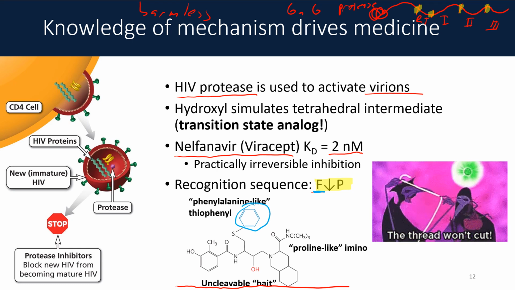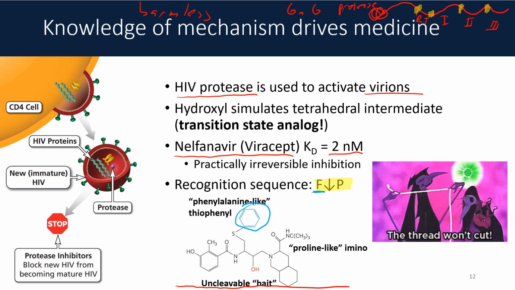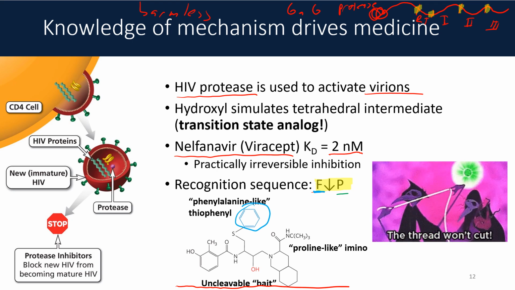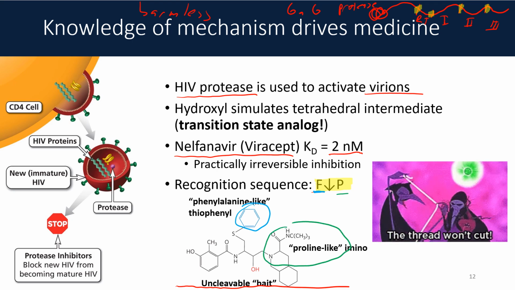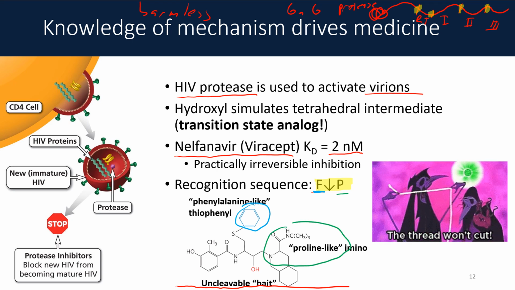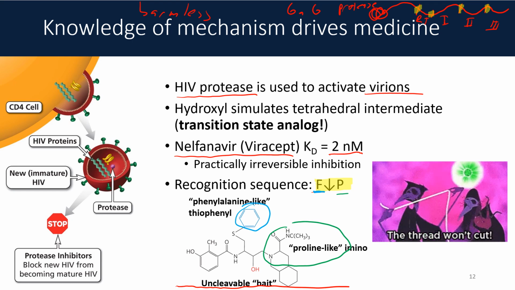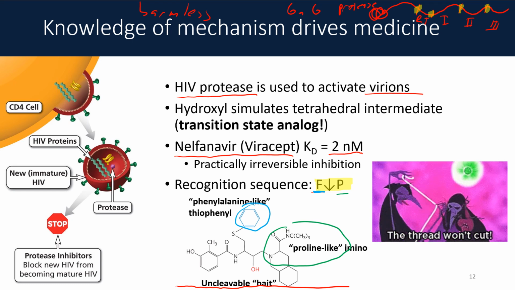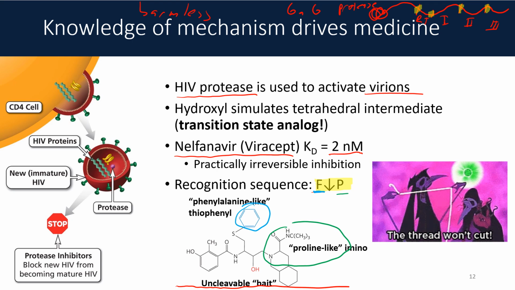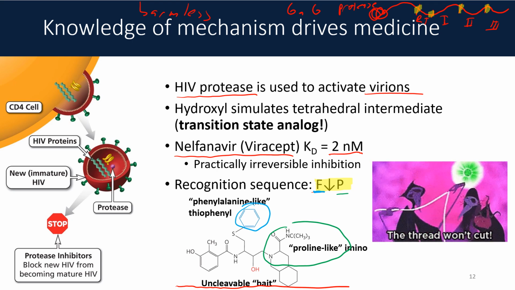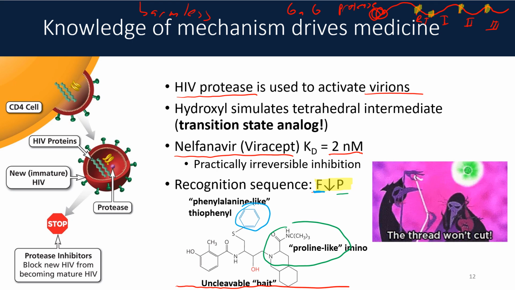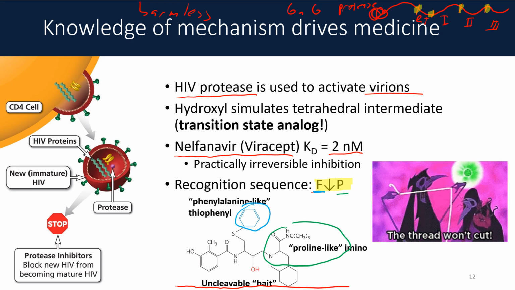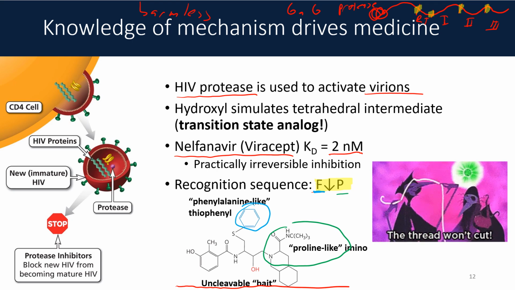And over here in green, there's going to be a proline-like portion. So Viracept is going to fit very comfortably inside the binding pocket of HIV protease. And that's not all. The most special part, in my opinion, of this molecule is right over here.